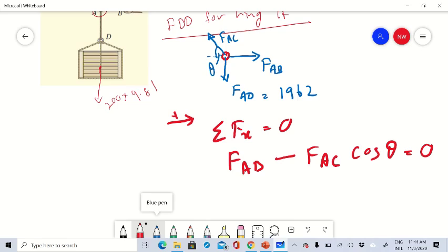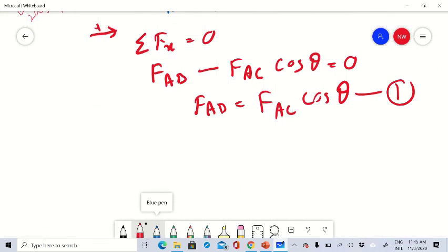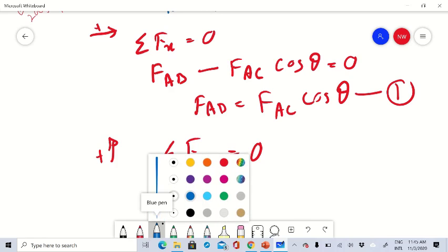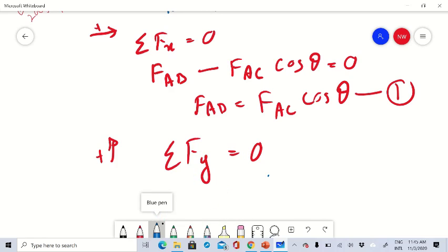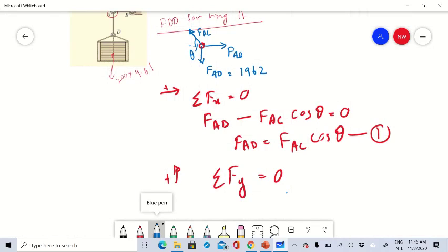From here we can say FAB is equal to FAC cos theta. This is our first equation. Then we write the equation for the positive y direction: sigma Fy should be equal to 0. FAB is a horizontal force in the x direction, so it will not come in.